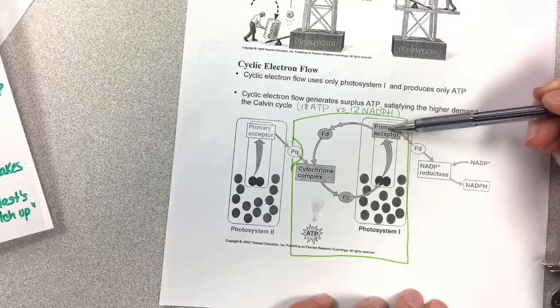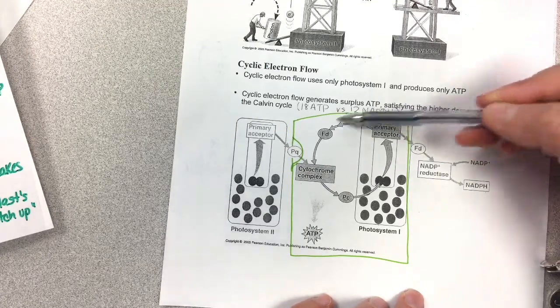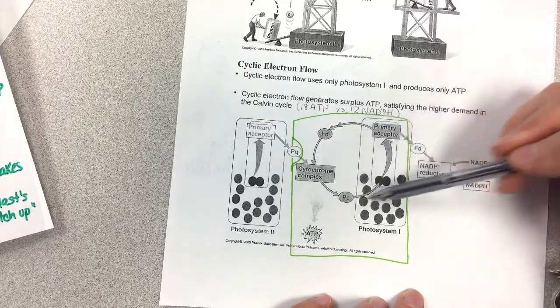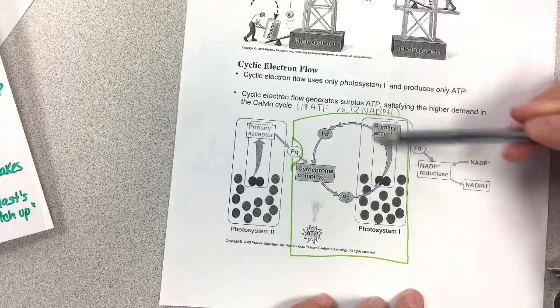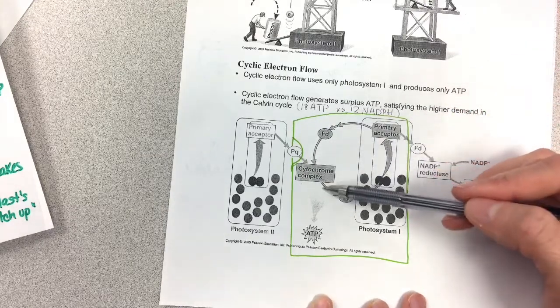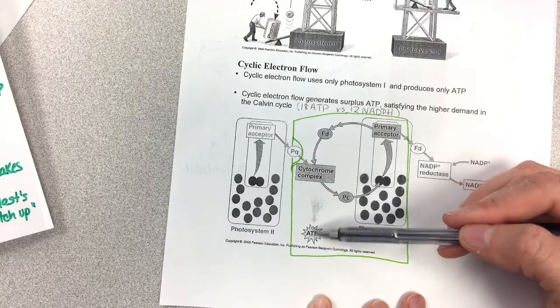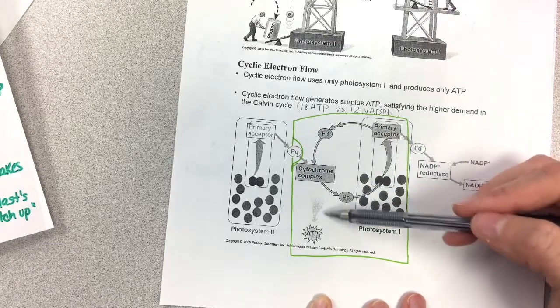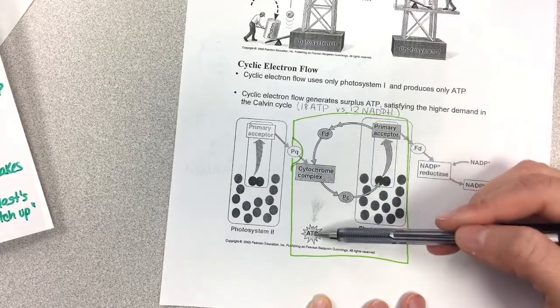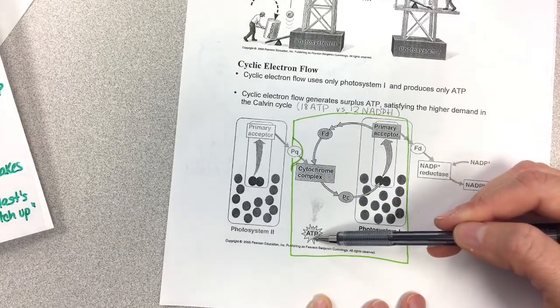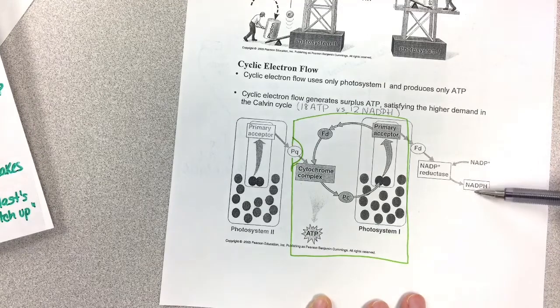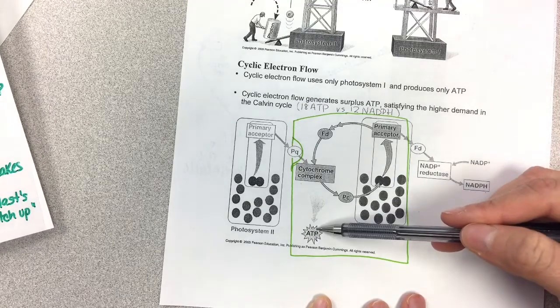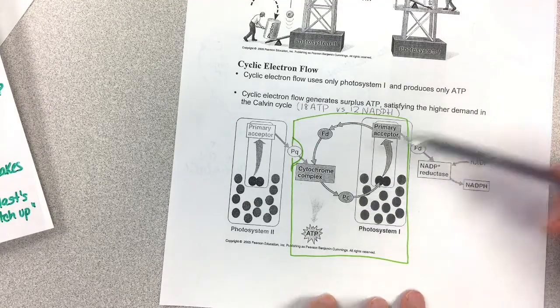They get excited with the next photon of light, and they get dropped back in the electron transport chain, and so on and so forth. So what happens is you pump more and more H pluses, which makes more and more ATP, and they do this, making more ATP and not making any NADPH until they equal again the NADPH.